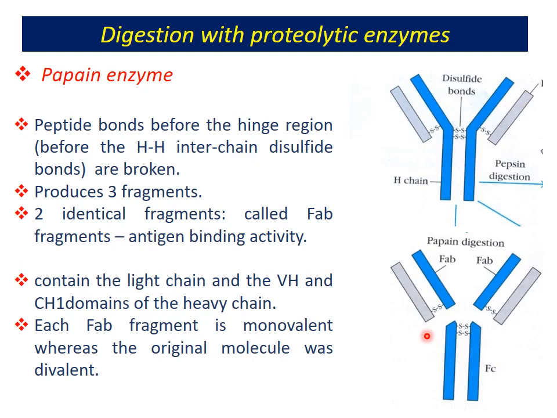Okay, so the FAB contains the variable region of both the heavy and light chain and the constant region of the light chain and the CH1 of the heavy chain, whereas the FC portion is composed of CH2 and CH3 of the heavy chain. Okay, so there are 3 fragments, 2 FAB and 1 FC.